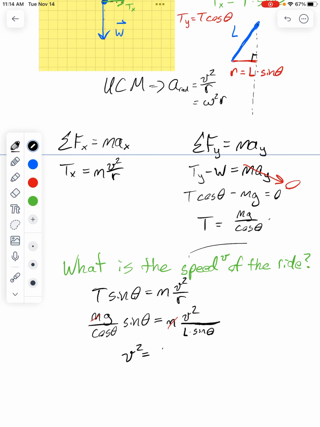But v squared equals g L sine squared theta over cosine theta. And so v is just the square root of g L sine squared theta over cosine theta.